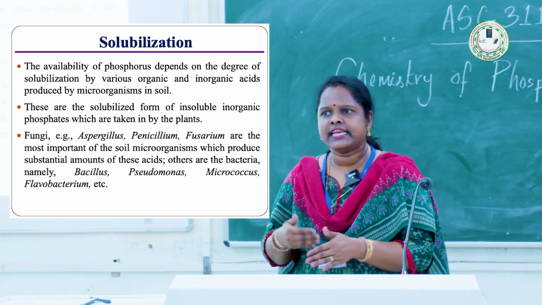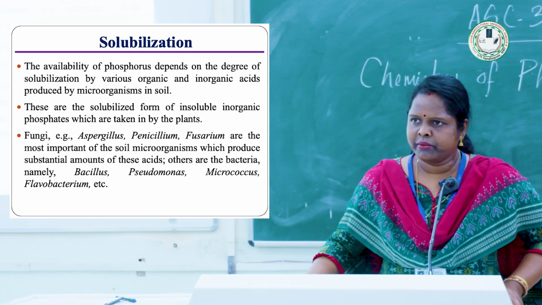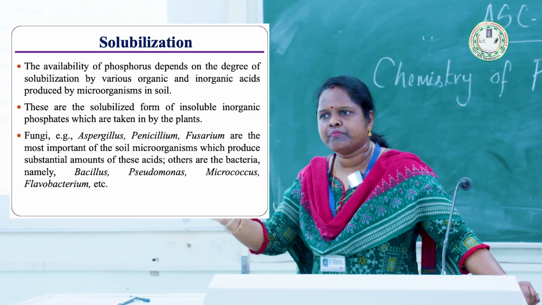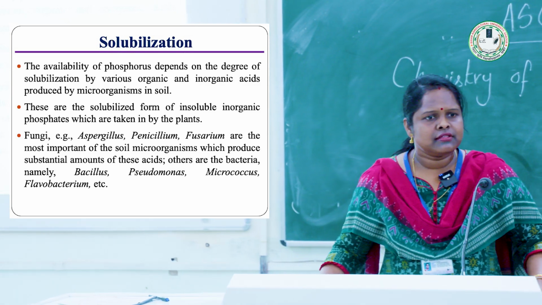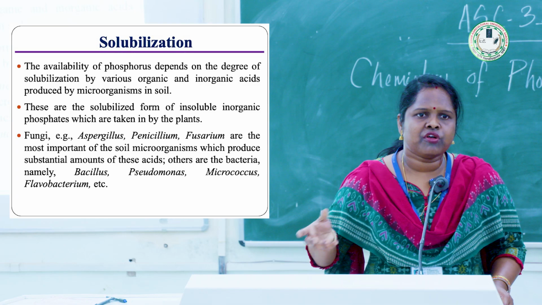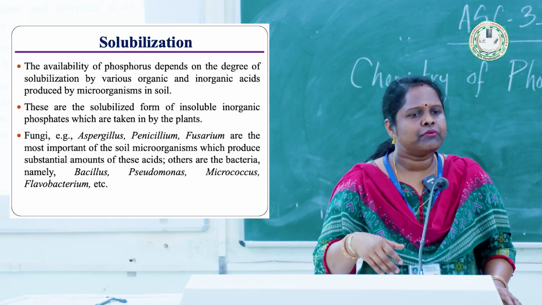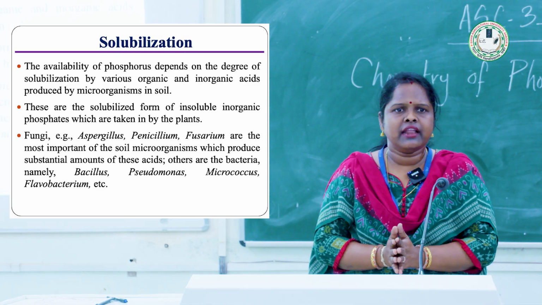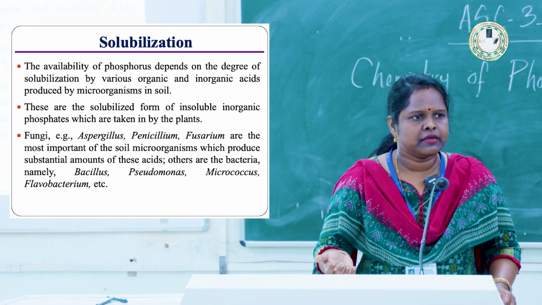These acids are secreted by the microorganisms, creating an acidic environment. Then the insoluble part of the inorganic phosphates gets solubilized by these acids. Then phosphate ions will be released to the soil solution phase. After the release of the phosphate ions, the roots will uptake the ions and the solubilization continues.